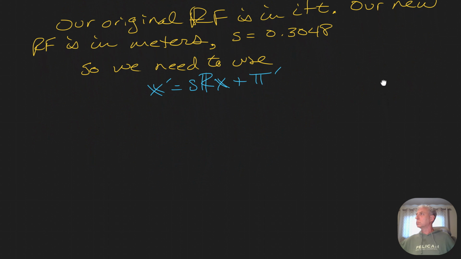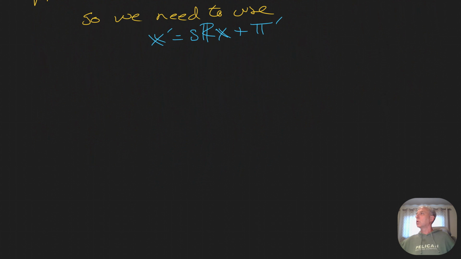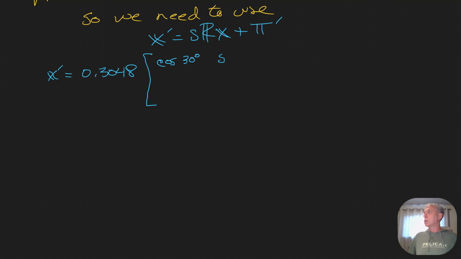Cool. So we're trying to get new coordinates. So x prime equals 0.3048 times our rotation matrix, which is the cosine of 30 degrees, sine of 30 degrees, and minus sine of 30 degrees, and cosine of 30 degrees.